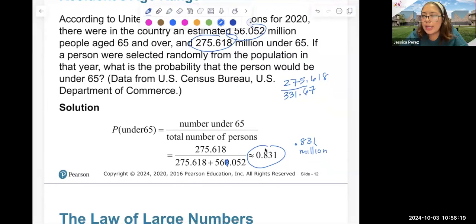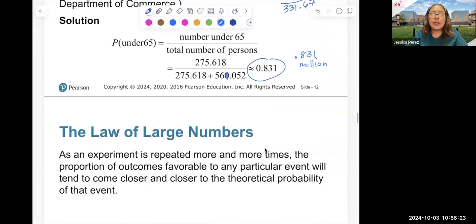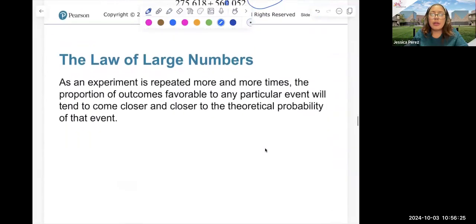Okay, 0.831 million. Let's talk now about the definition of the law of large numbers. As an experiment is repeated more and more times, the proportion of outcomes favorable to any particular event will tend to come closer and closer to the theoretical probability.